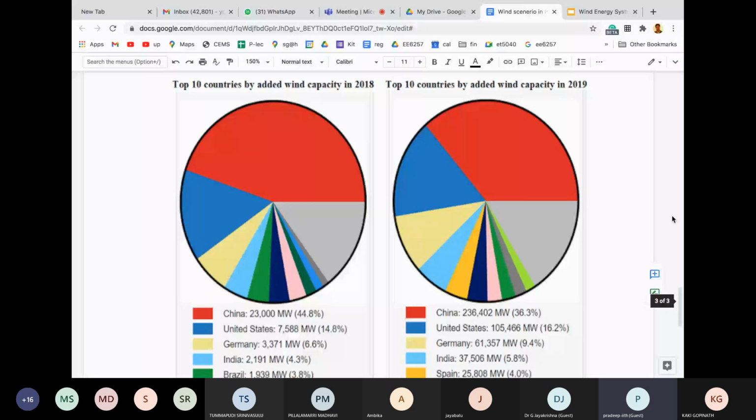The US has about 16.2%, Germany about 9.4%, and India about 5.8% of the world capacity. So we are also nicely picking up. In fact, India's percentage was only 4.3 last year. Now we have become 5.8% of the world number. So this shows a good trend. So I have covered this scenario.